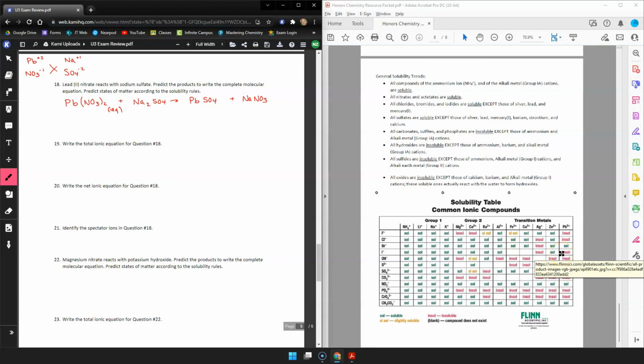Sodium sulfate, Na and then sulfate, SO4, says soluble, so aqueous. PbSO4, so lead, and then sulfate, oh, insoluble, so solid. And then NaNO3, so sodium, and then NO3, oh, they're all soluble, so aqueous. Okay, so those are our states.